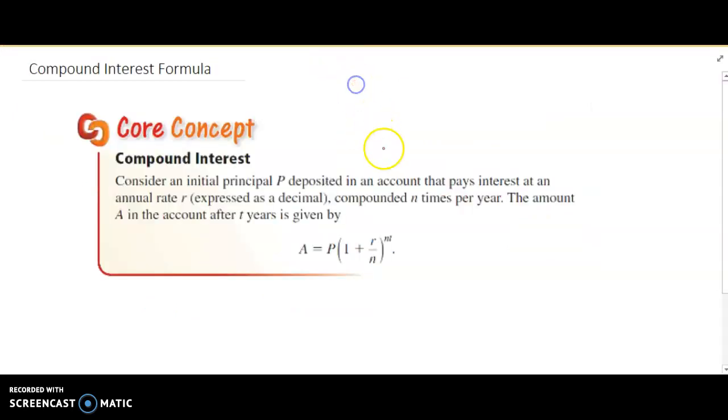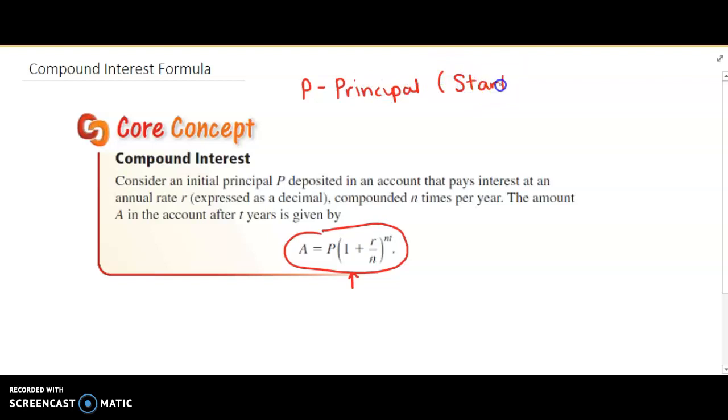One of the big things you hear of with exponential growth is compound interest, so you will need to know this equation for the test. This is the equation for compound interest, where P represents the principal, basically the starting value. R represents the rate, and don't forget, it's usually given to you as a percentage, so you want to put it in decimal form.